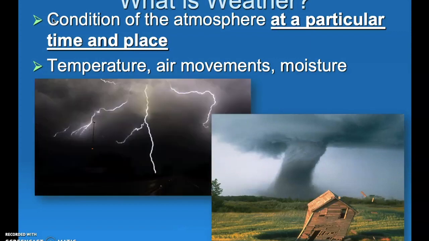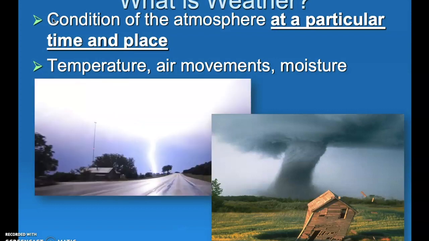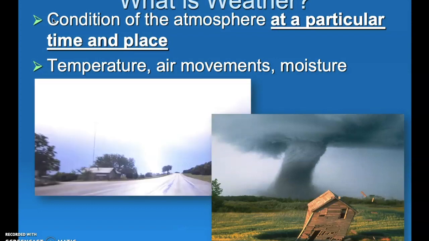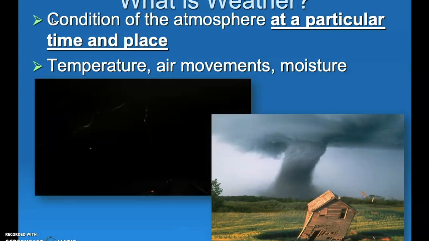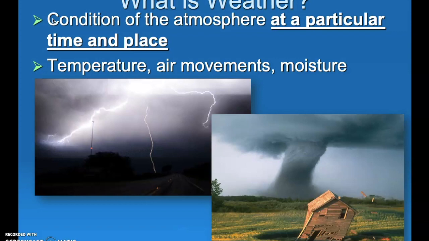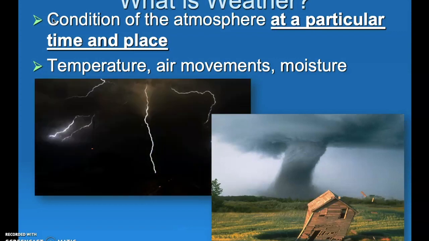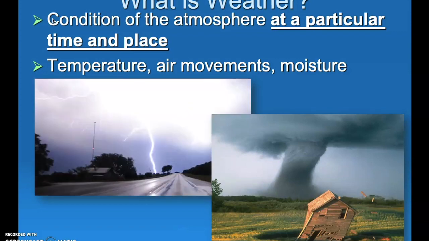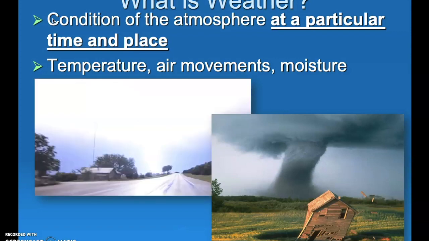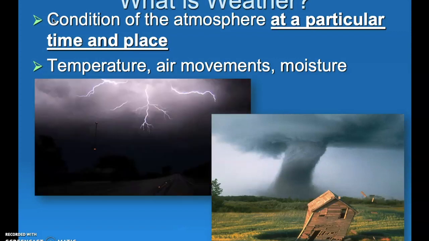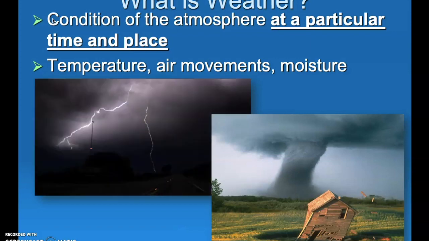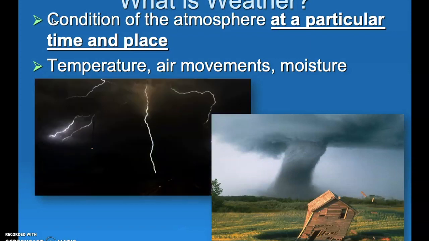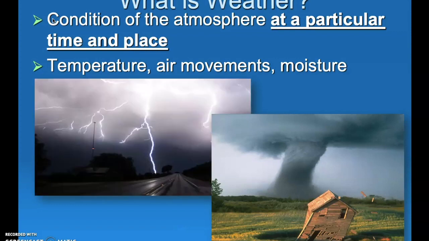And those are all things that are constantly changing. And because of those changes, they bring about things like pressure increases and decreases, and things like hurricanes and tornadoes and thunderstorms. And all of those events are just things that are happening at a specific time and a place based on temperature, air movements, and moisture.